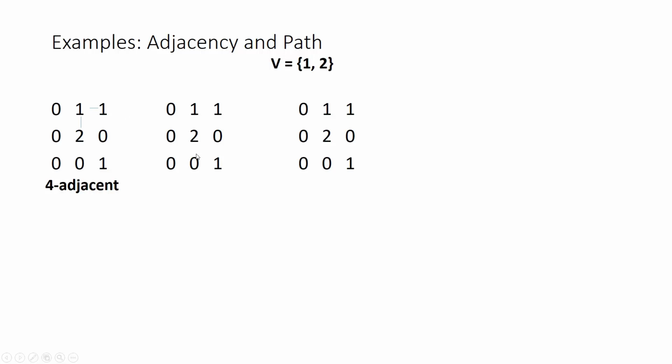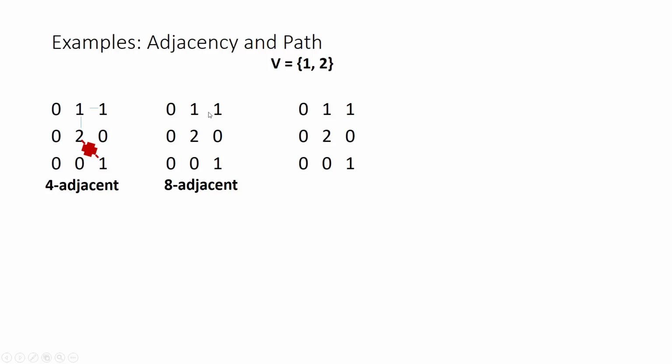Now in the second case, this satisfies the 8 adjacency condition. This 1 is a neighbor pixel of 2, and this one is also a neighbor pixel of this one.